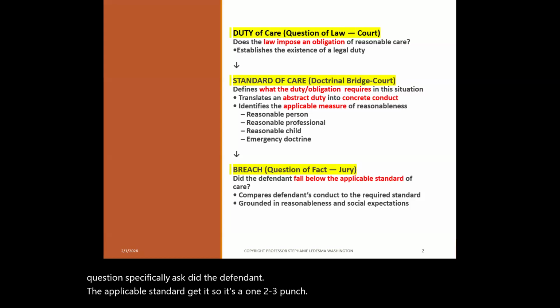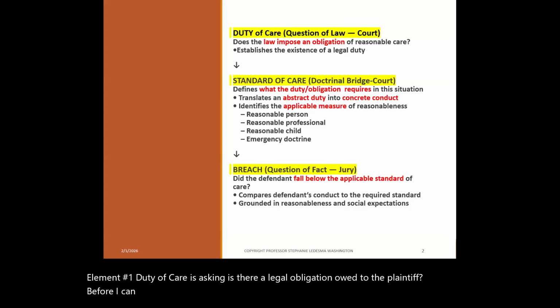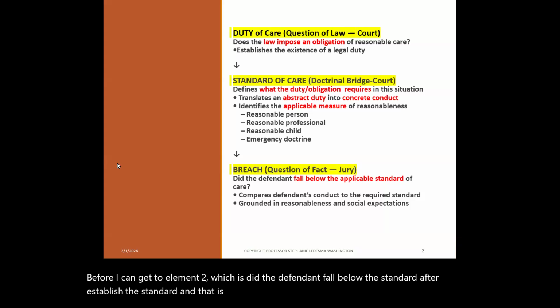Element number 1, duty of care, is asking, is there a legal obligation owed to the plaintiff? Before I can get to element 2, which is, did the defendant fall below the standard, I have to establish the standard. And that is what the standard of care does.